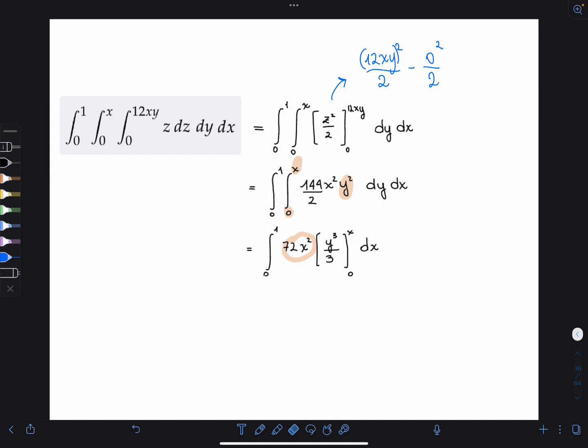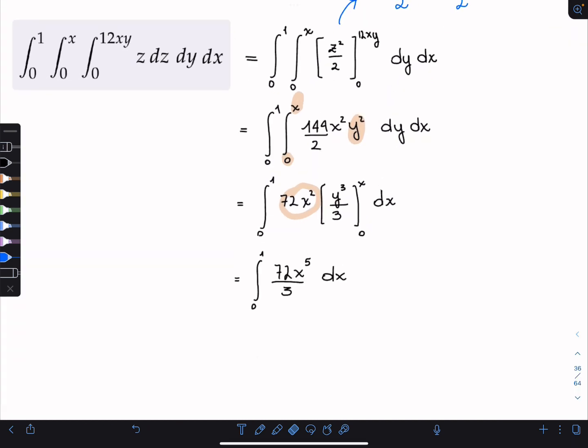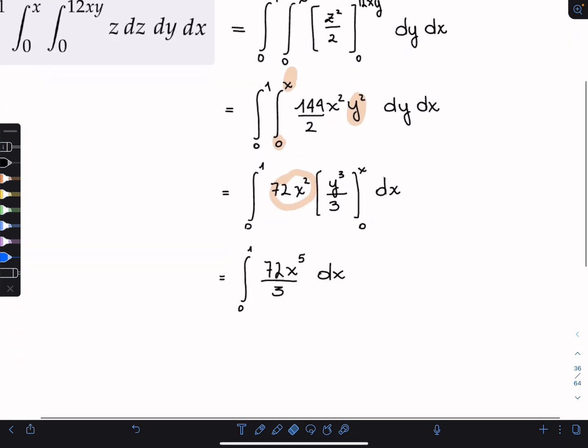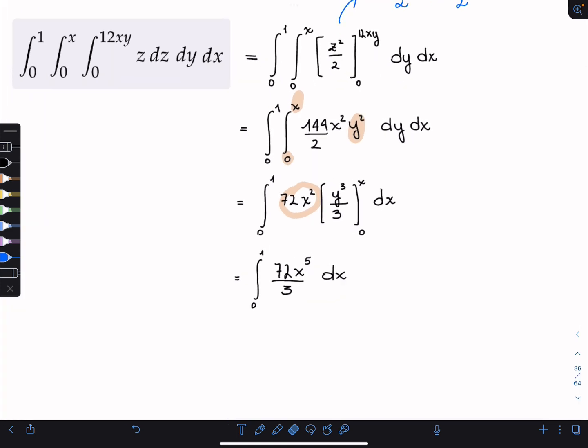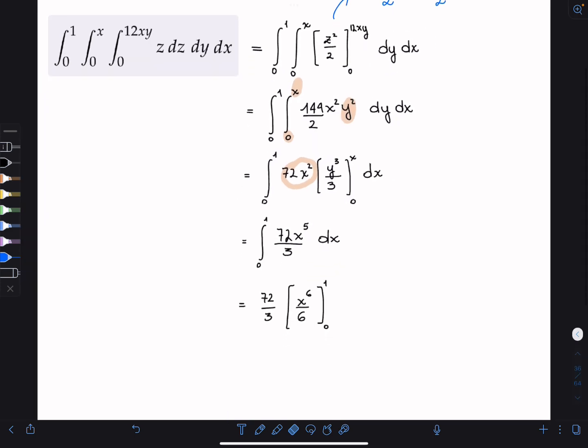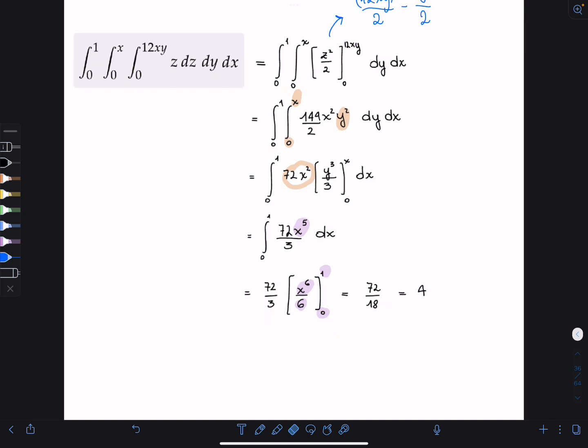We evaluate on the bounds and multiply by this term, and we obtain this integral that is easily solved in this way. So we take out again terms that don't depend on x, then x to the power of 5 gives us x to the power of 6 divided by 6, and the bounds are again 0 and 1, and just substituting the bounds we get 72 over 18, that is equal to 4.